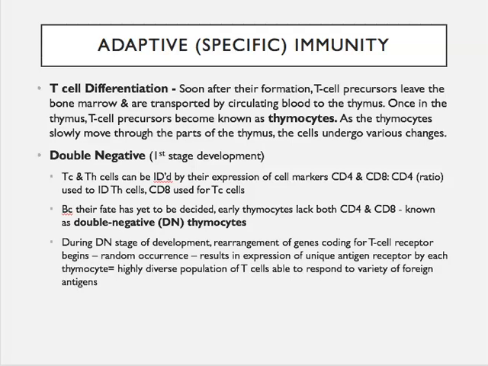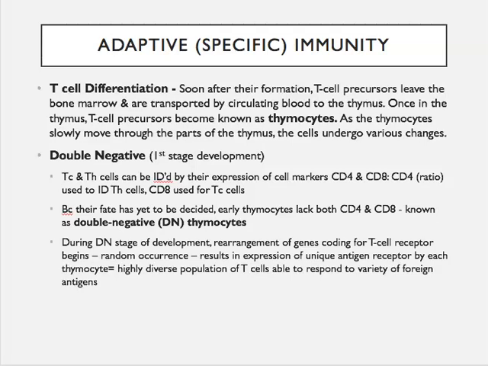So the first stage of development is called the double negative stage, where you've got cytotoxic T cells and T helper cells that can be identified by their expression of cell markers, CD4 and CD8. And just kind of think about this as like the cell's holding up a little flag, and it says, this is my identifying marker.